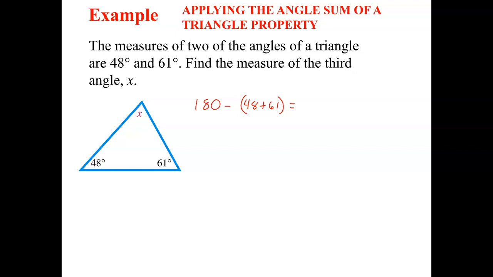What's the sum of 48 and 61? 109. And then the difference of 180 and 109: 71. Okay, so we got the measure of the third angle. Easy peasy, right? Yes.